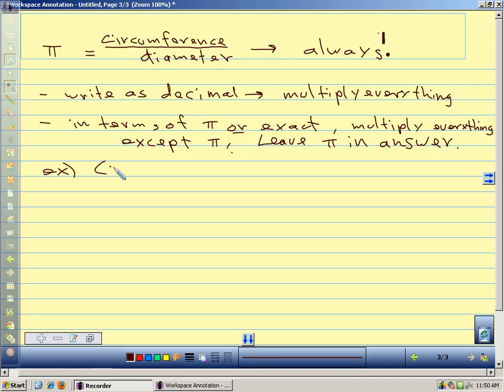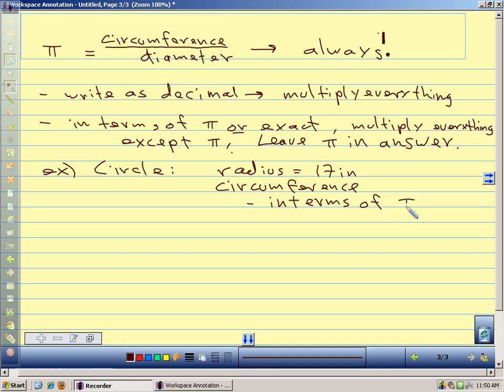So we have a circle, and it has a radius of 17 inches. We want its circumference, and we want it in terms of pi, and also rounded to the 100th.